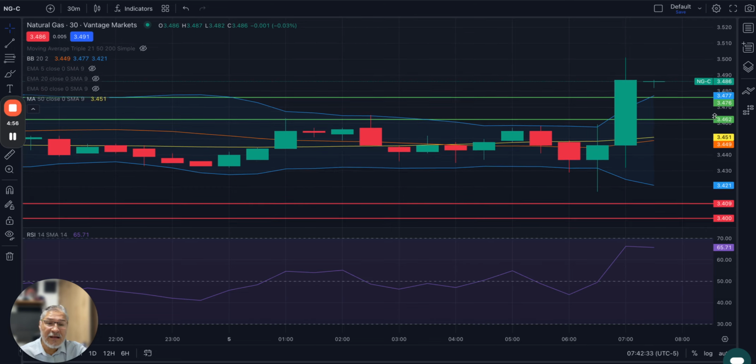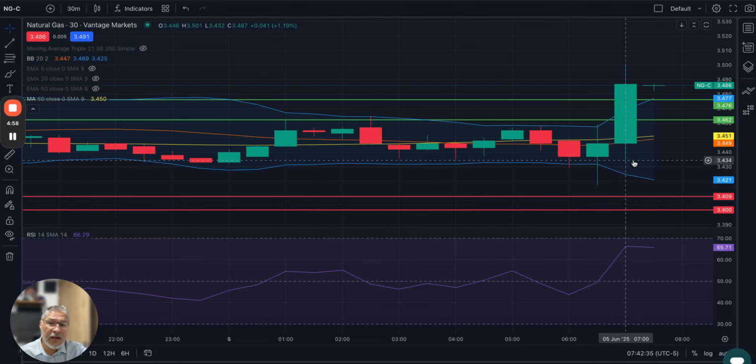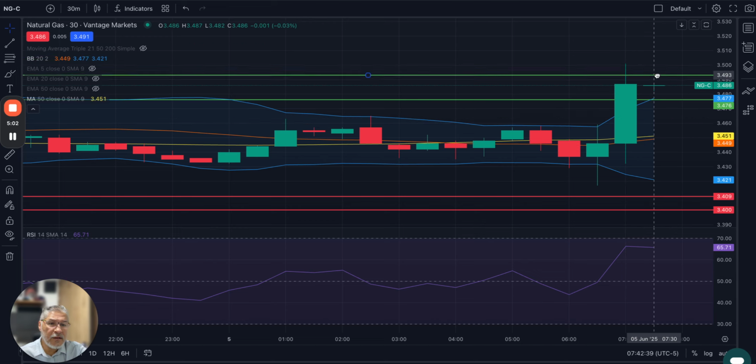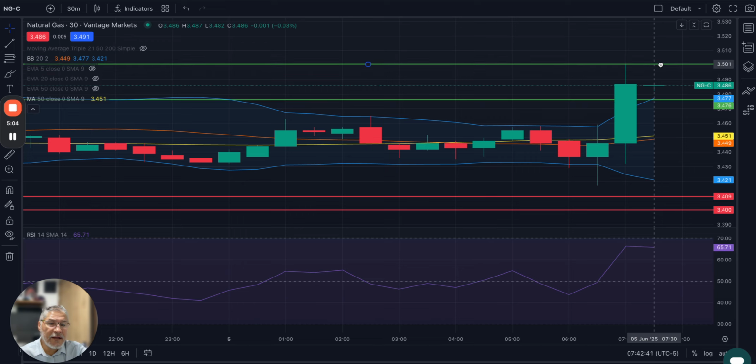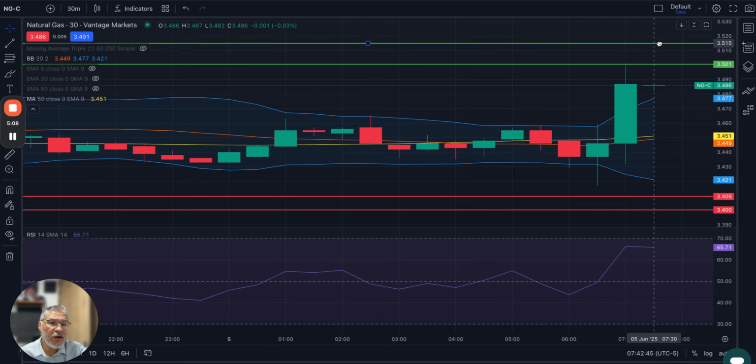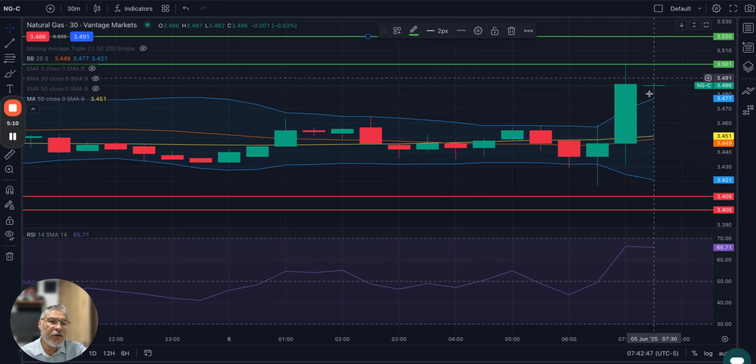Nat gas has done a parabolic movement in this half hour, flipping as high as 3.50. So let's use that as a first level of resistance and see if it will revisit that swing high.